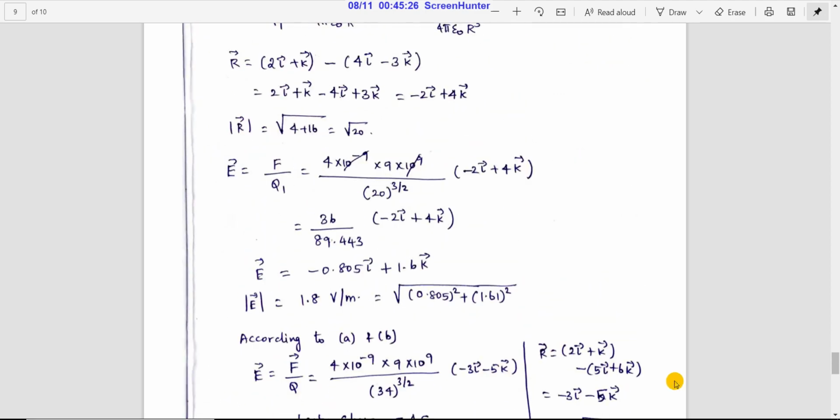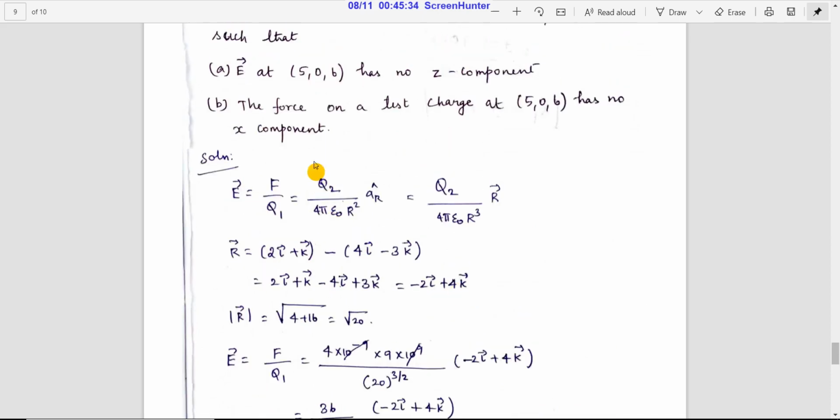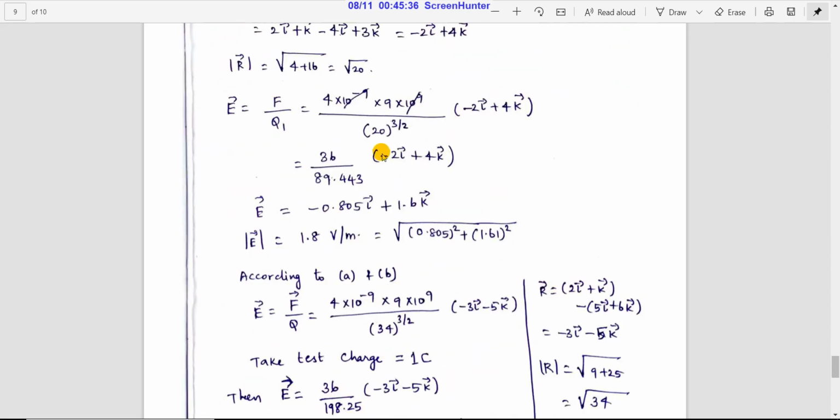So we have to find out as 2, 0, 1 can be written as 2i vector plus k vector, and 5, 0, 6 can be written as 5i vector plus 6k vector. So you have to find out the electric field on the 5, 0, 6 due to the charge on 2, 0, 1.